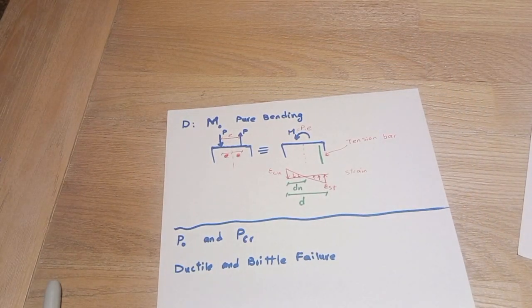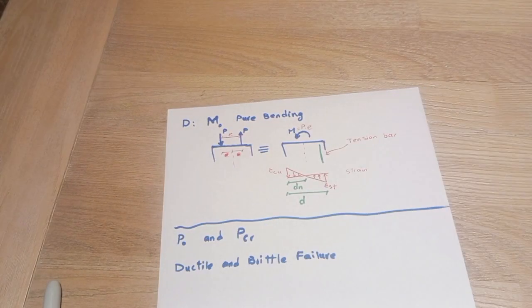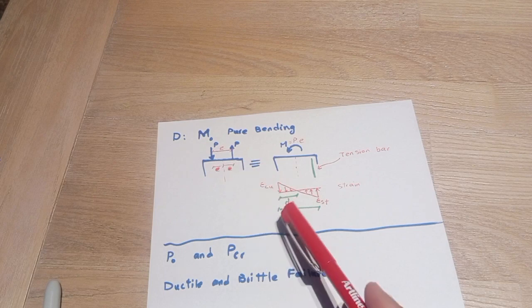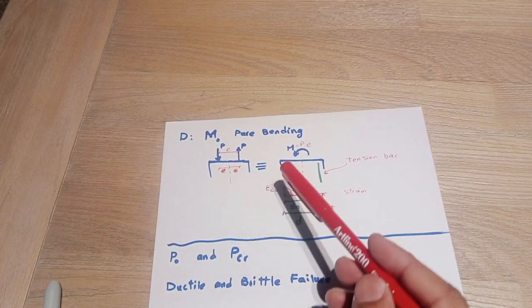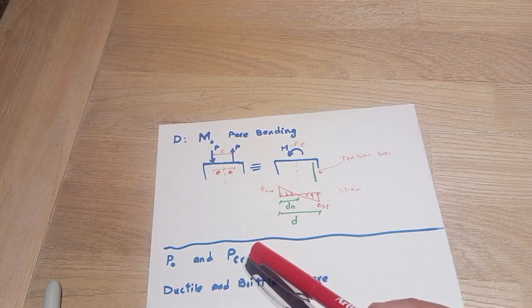The last point in this diagram is D. D is M node, or pure bending. Pure bending means that we don't have any compression load. We have just one bending load.